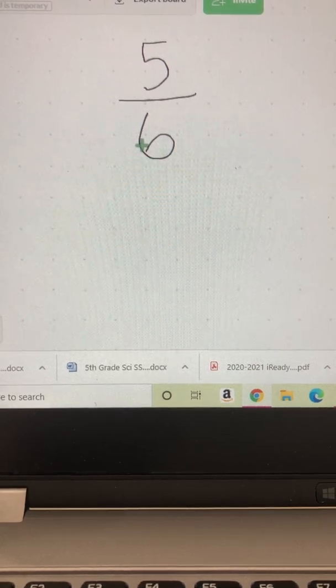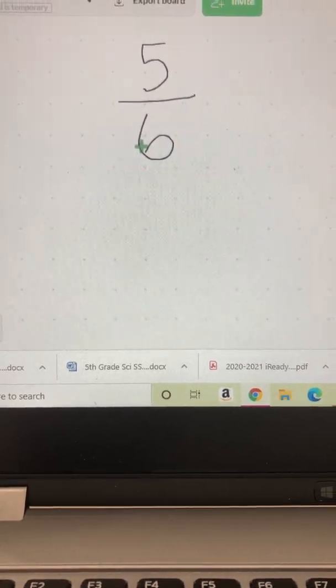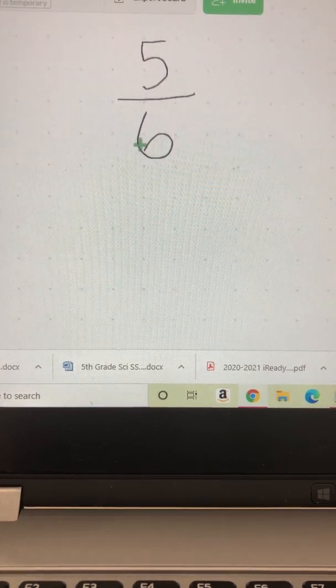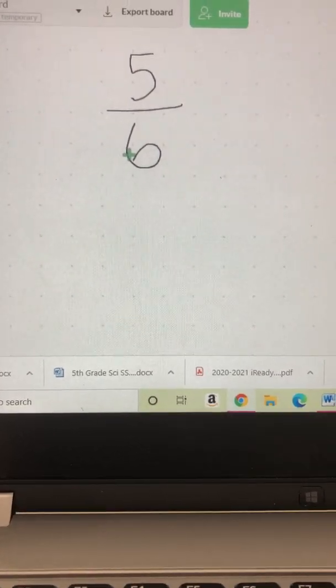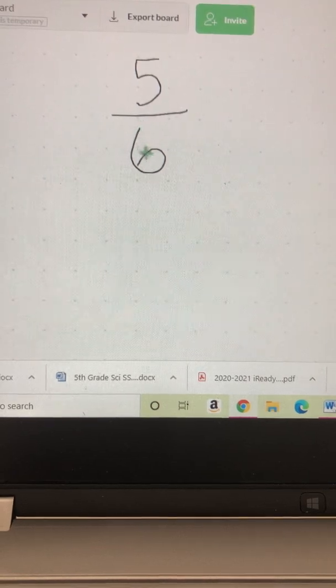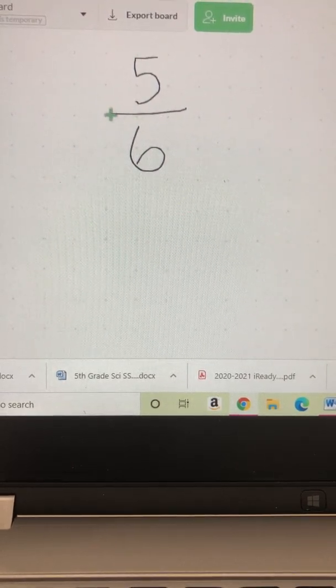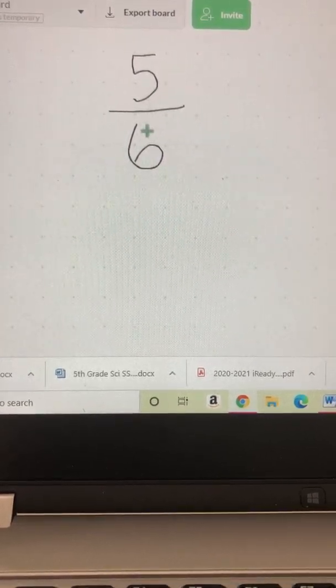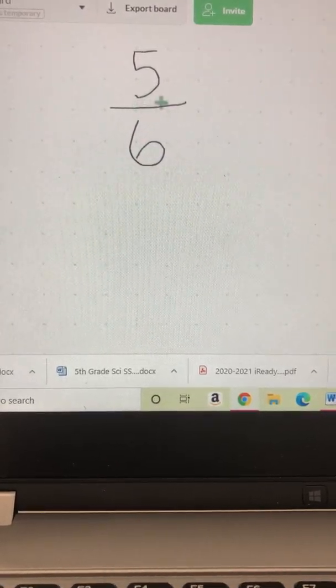Today we are working on lesson 8.3, and 8.3 connects fractions to division. Okay, so it's quite simple. All we really have to understand is that this fraction, the fraction line dividing the 5 and the 6, really does mean division.